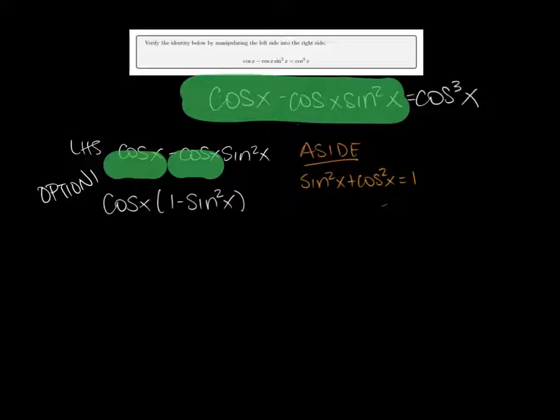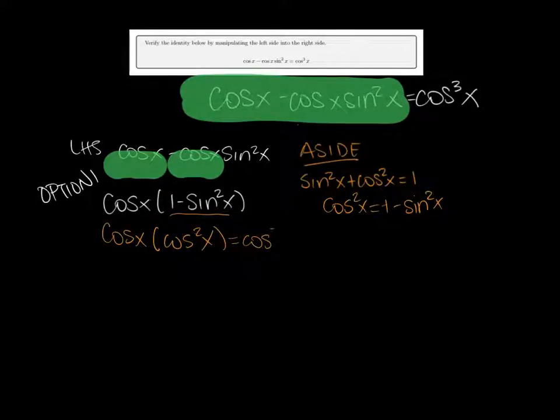Now notice that if I subtract sine squared x from both sides, I get that cosine squared x is equal to 1 minus sine squared x. And that is exactly what I have here. So I can come back to my problem and make this substitution. Cosine x times cosine squared x will give me cosine cubed x, which is my right-hand side, and I am done.